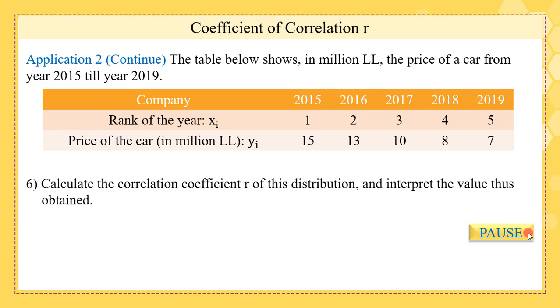Please pause your video and try to find the value of R, then give an interpretation of this value. Surely we have to use the calculator. So R will be equal to -0.988, and then the relation between X and Y is strong and negative.